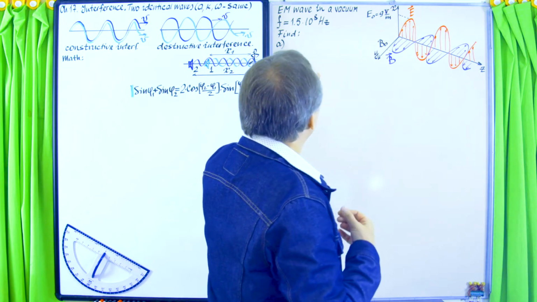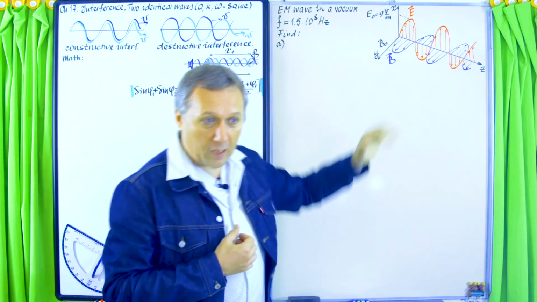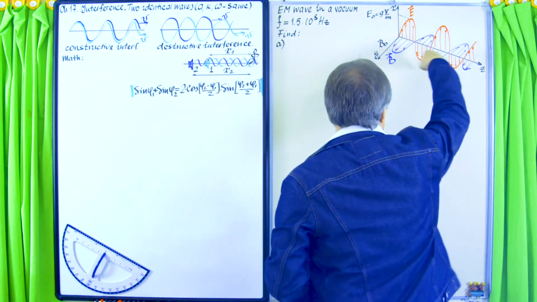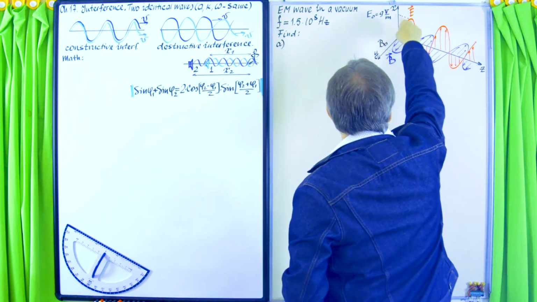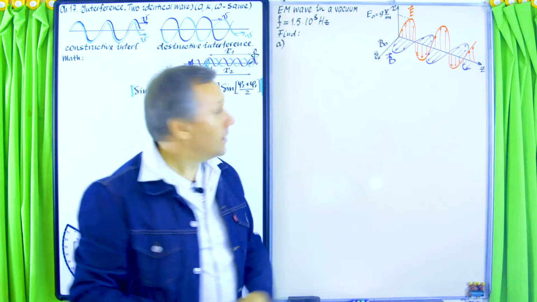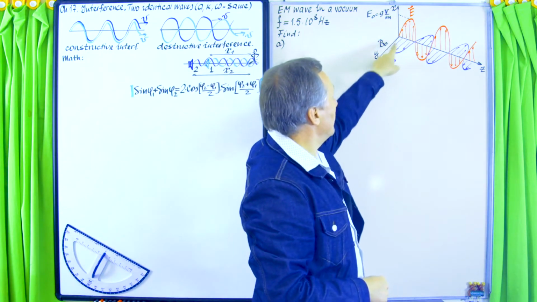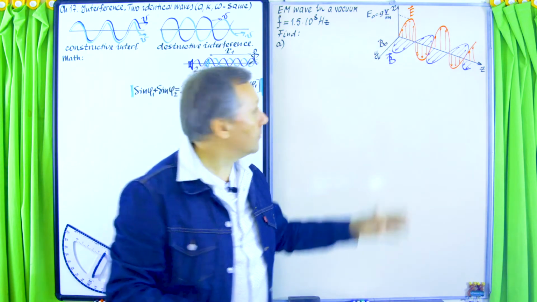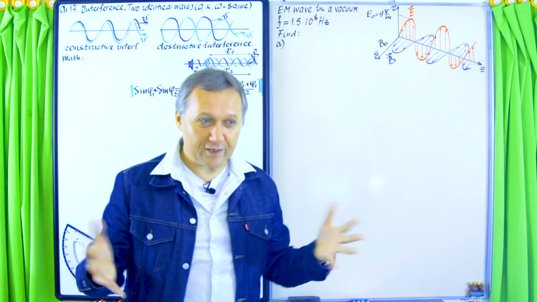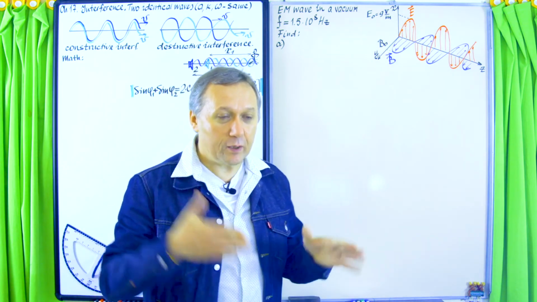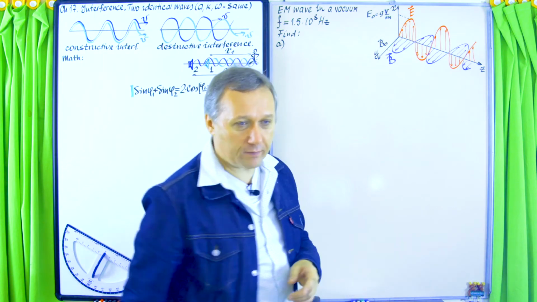Then we know, according to the picture, that the electric field of the traveling wave oscillates in the x direction. The magnetic field oscillates in the y direction, basically the horizontal plane. And both of these traveling waves, or we can say one electromagnetic wave, propagate in the positive z direction.